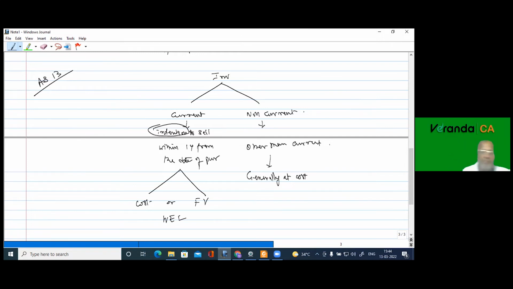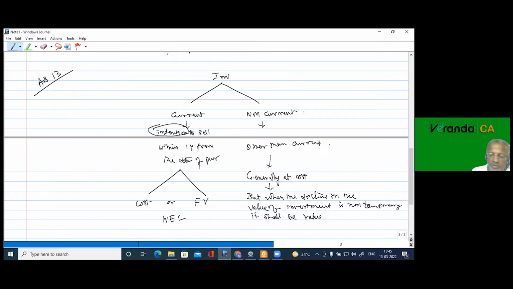Generally at cost, but when the decline in the value of investment is non-temporary, it shall be valued at fair value, that is less than cost. This is the brief understanding you have to have as far as investment is concerned.